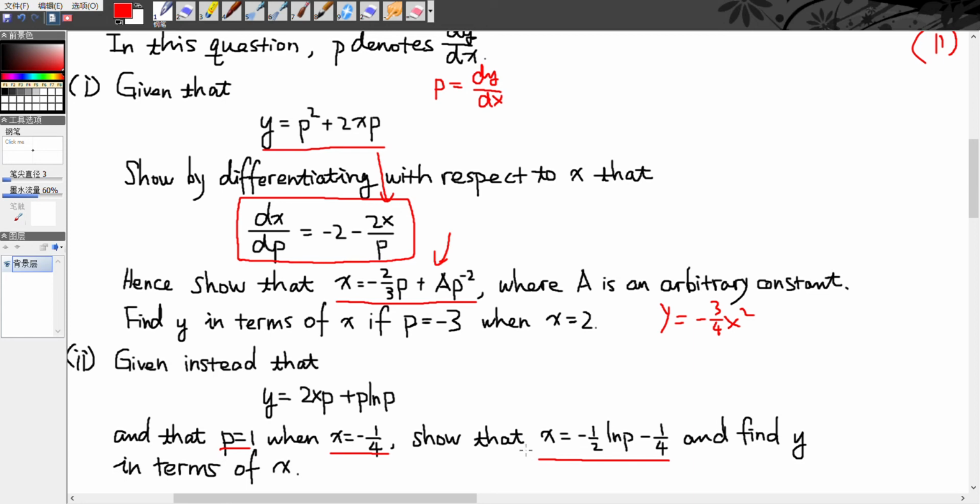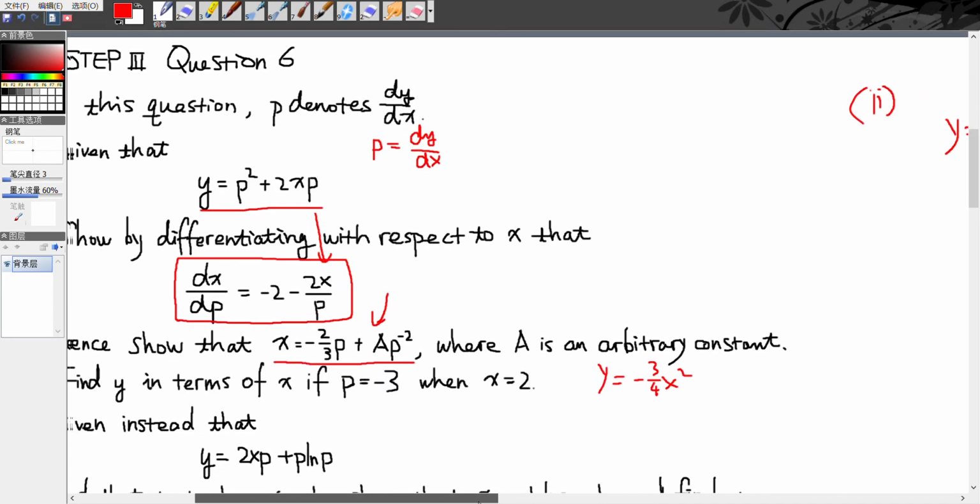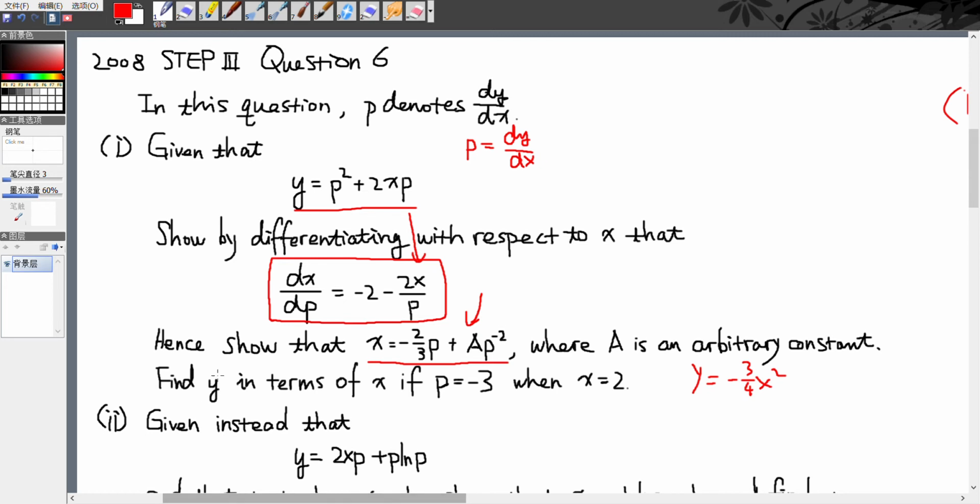Okay, so we just need to do exactly the same procedures as in question 1.